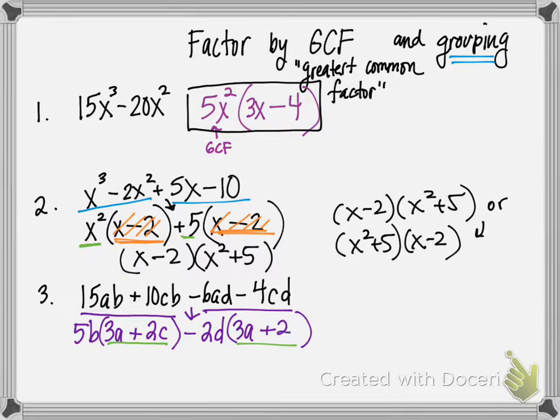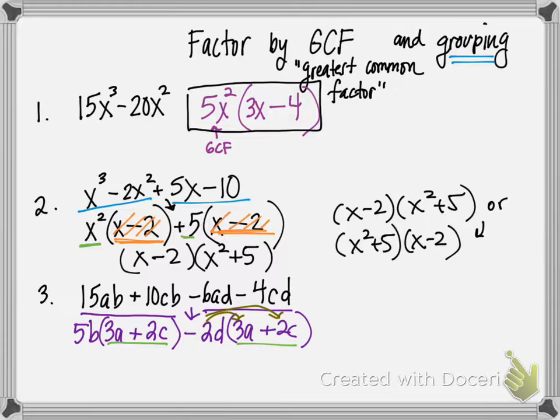So I'm just going to fill that in and double check by distributing. So we've already checked this one because we said negative 2d times 3a is negative 6ad. And then let's check the second pair. Negative 2d times 2c is negative 4cd.